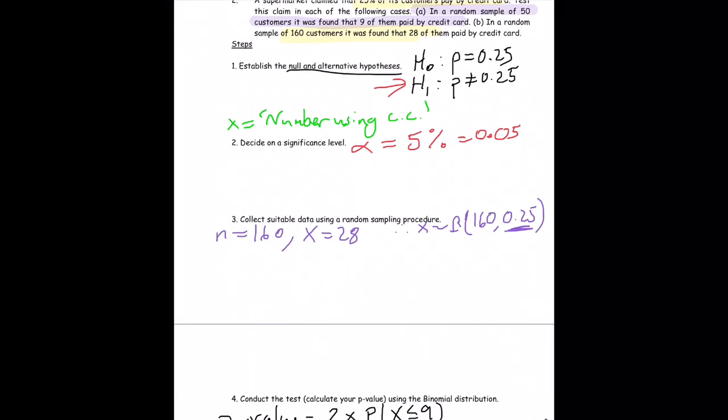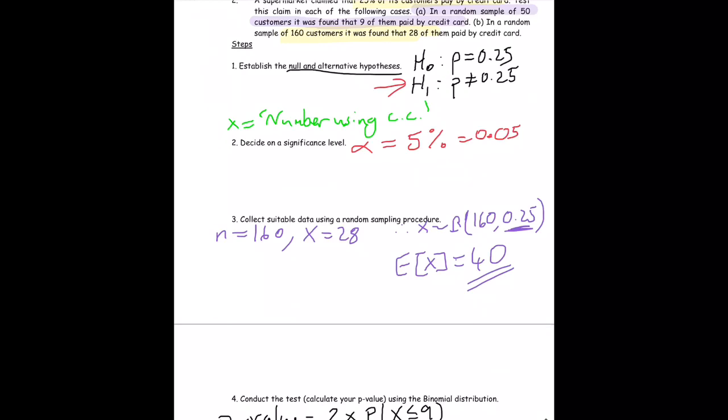So my binomial tables are going to change a bit. But I'm still going to assume that the supermarket is right on the 25% of people. I should be expecting 25% of people to be using credit cards. So 25% of 160 is 40. So I should be expecting in this sample around about 40.